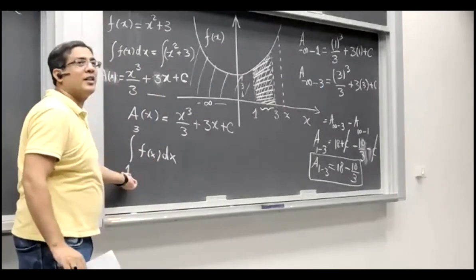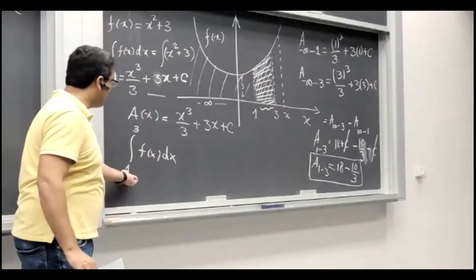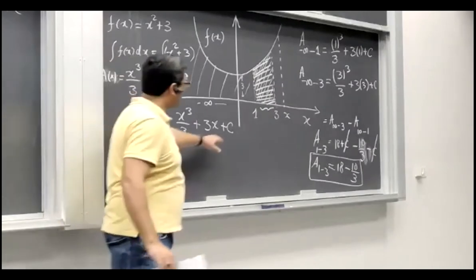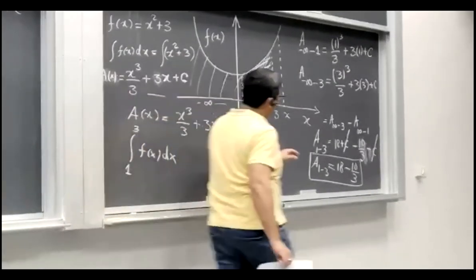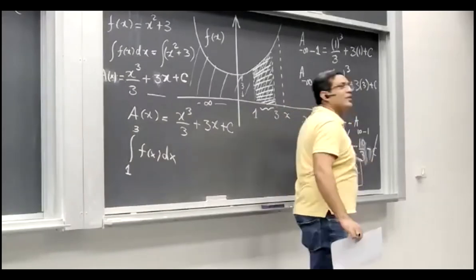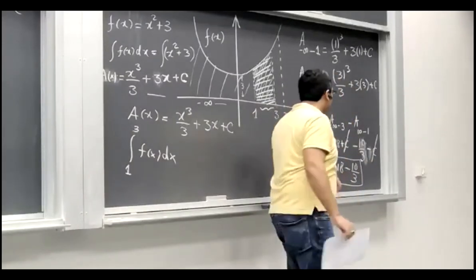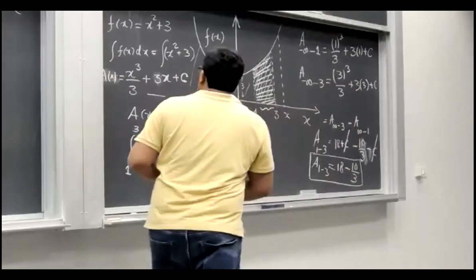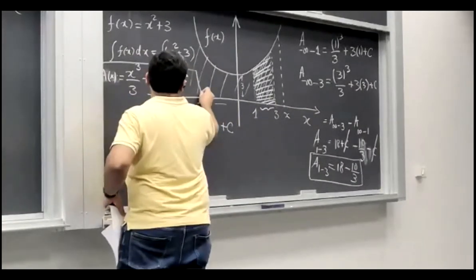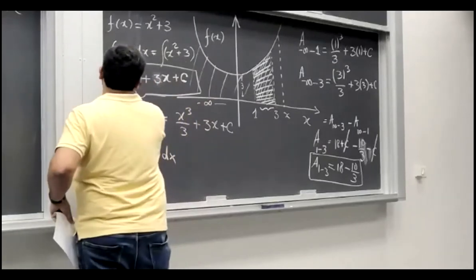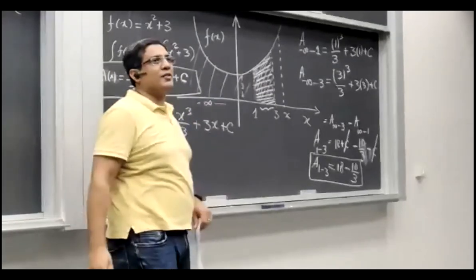If the limits of integration are defined, you don't worry about C. You don't need to write it. You don't need to take care of it because it always gets cancelled identically. But if you are writing an indefinite integral, you must always write C. So this is the rule about the constant of integration.